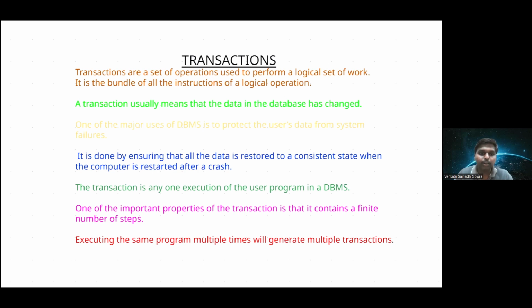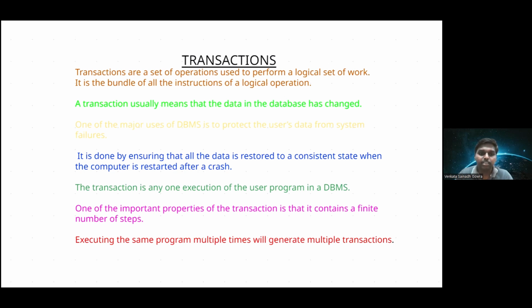This is done by ensuring that all the data is restored to a consistent state when the computer is restarted after a crash. So use a database to protect your data and keep it in the right order. When the system crashes, you can retrieve the data very quickly by using these transactions. When we discuss the transaction functions, you'll get to know more.